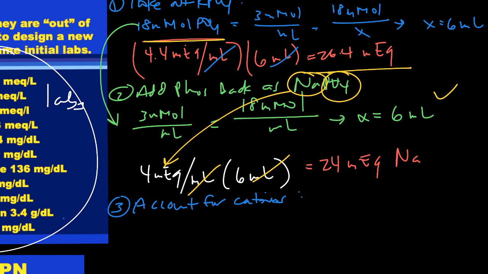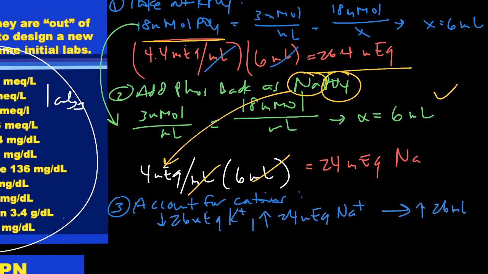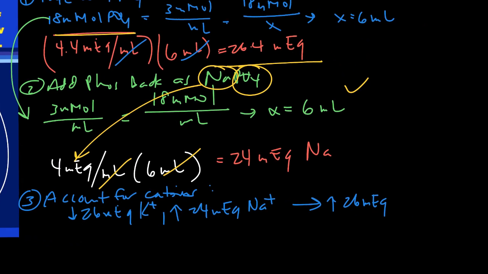So you're down 26 milliequivalents of potassium, and you're up 24 milliequivalents of sodium. That means you need to add 26 of potassium from another source to make sure your electrolytes still balance, and you need to remove sodium from another source.